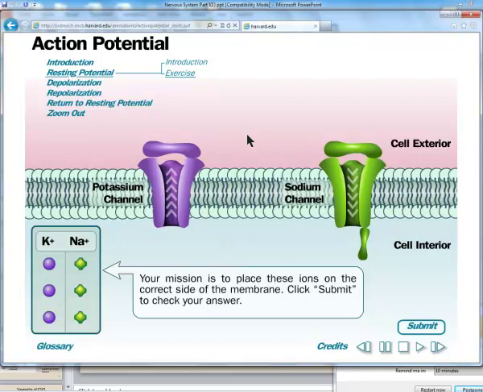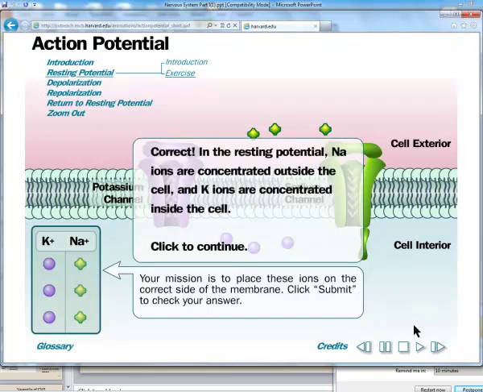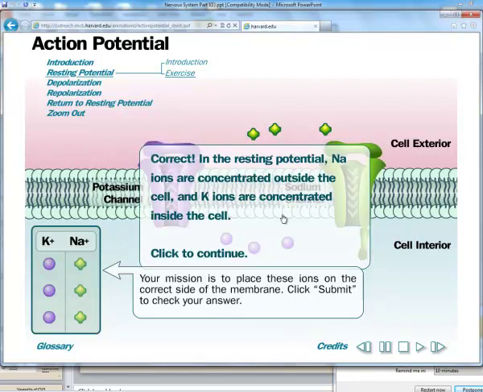So if we distribute these ions, we would see that we're going to find more sodium on the outside because of the pump pumping 3 out, and we're going to find more potassium on the inside because of the sodium-potassium pump pumping it in. So if we just distributed those ions, we see that definitely there is a difference because of that pump.